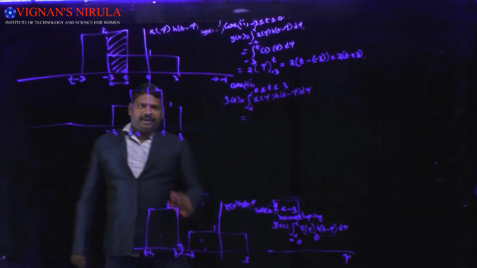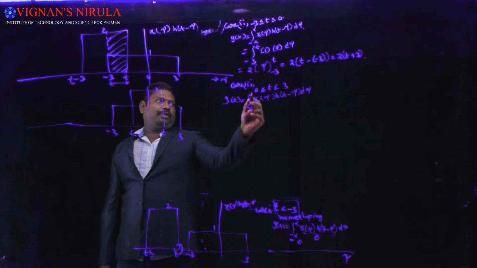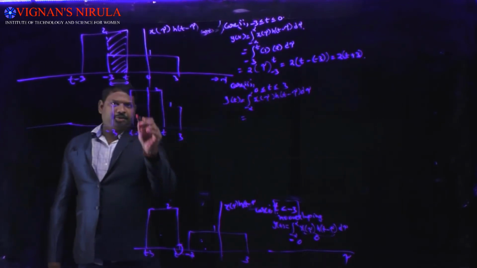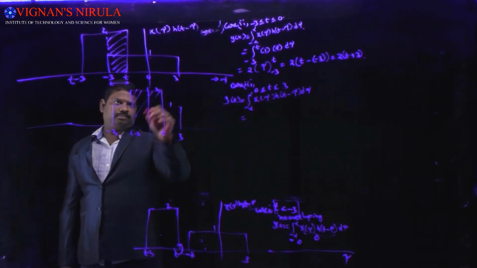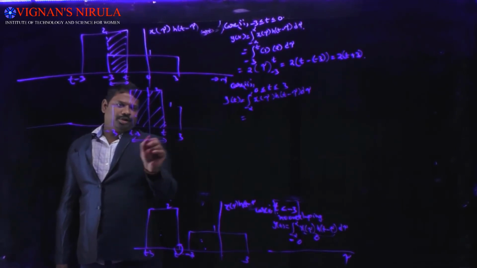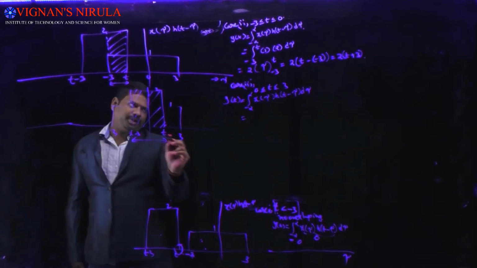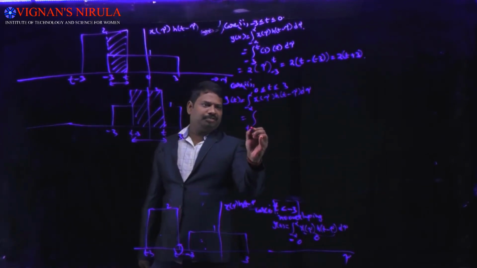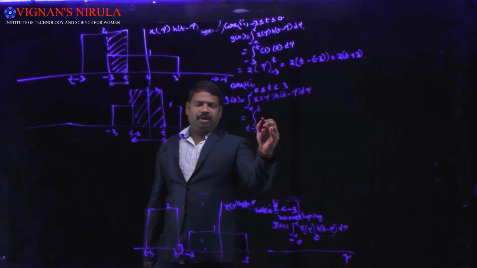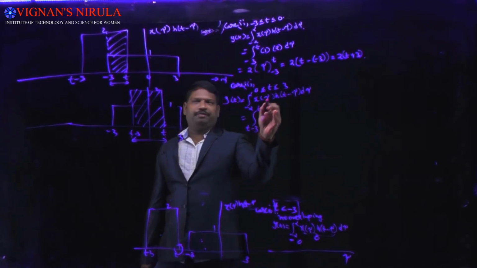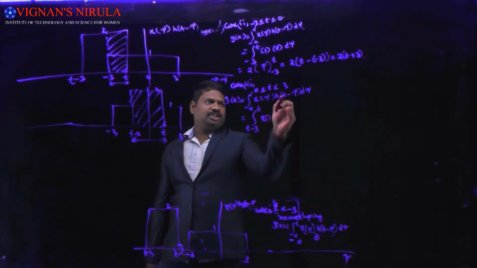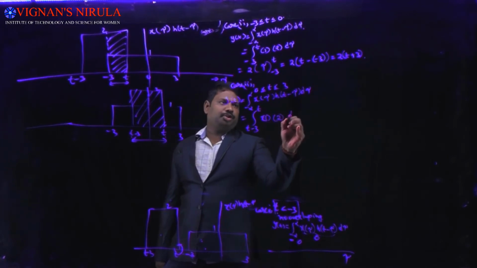Now the common interval when we observe for the case of 0 to 3 is this particular one. Therefore the limits will be from t minus 3 to t. Then the amplitude of x of tau is 1, and h of t minus tau is 2, d tau.